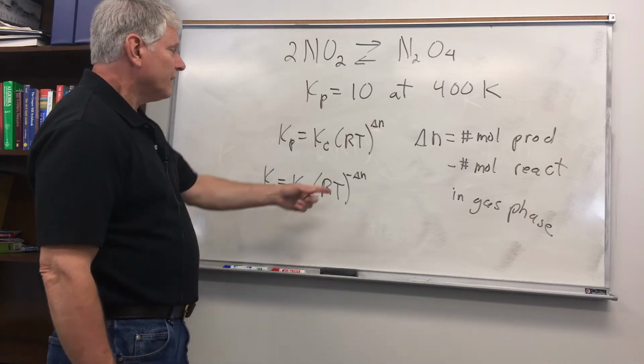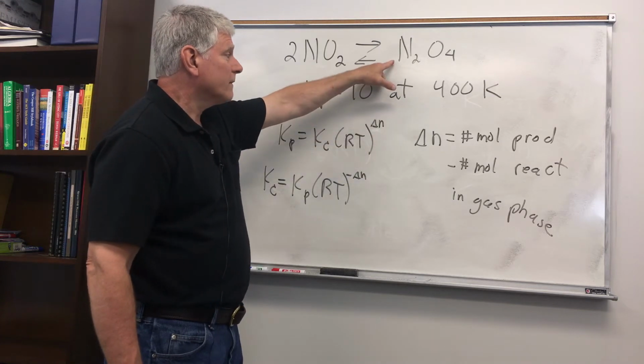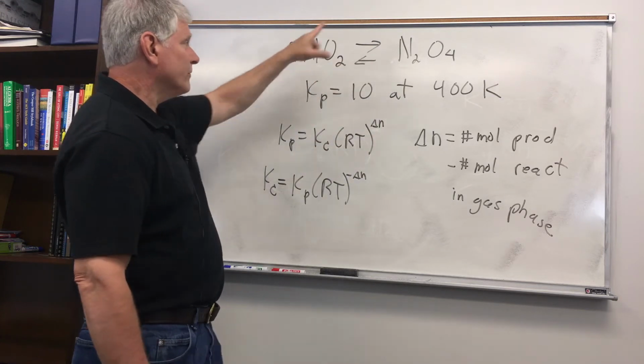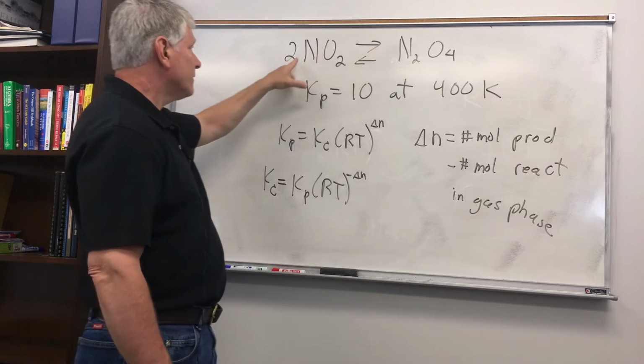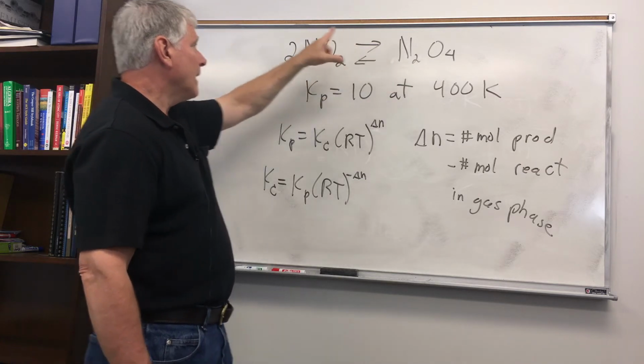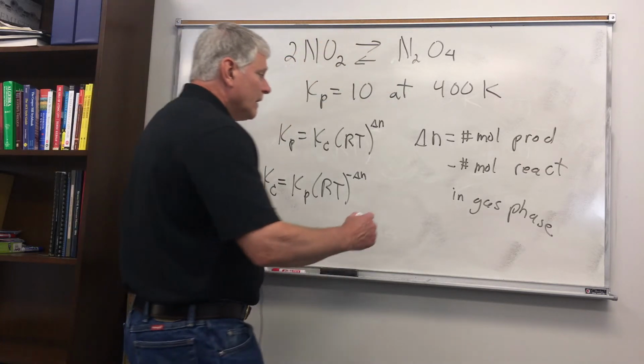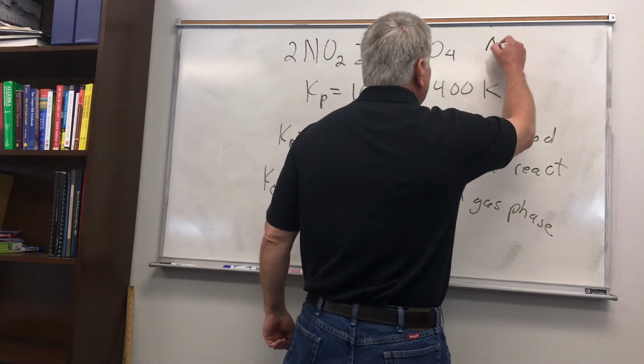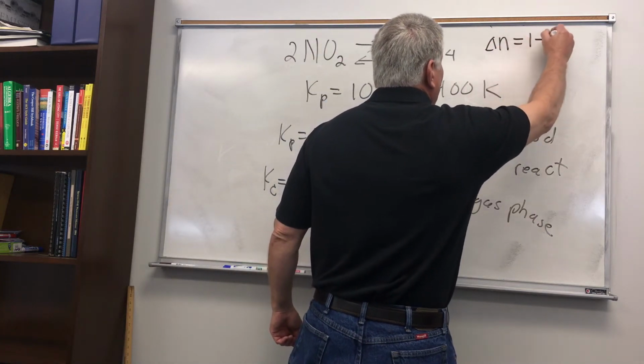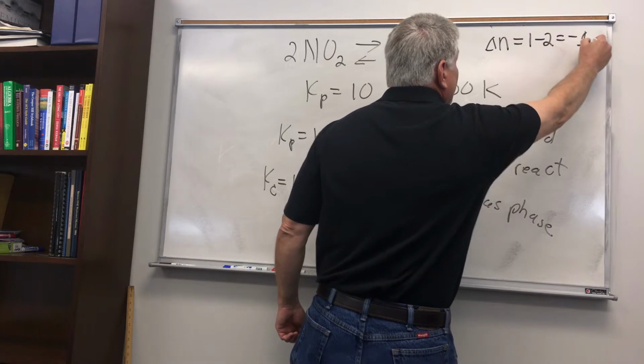So I have one product, two reactants, so delta n in this case is equal to 1 minus 2, which equals negative 1.